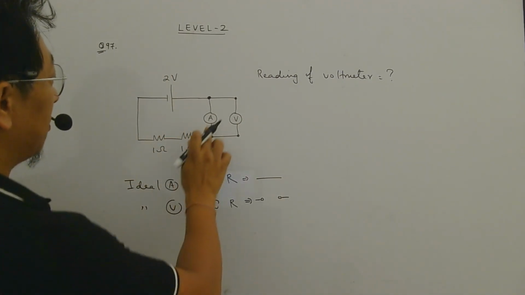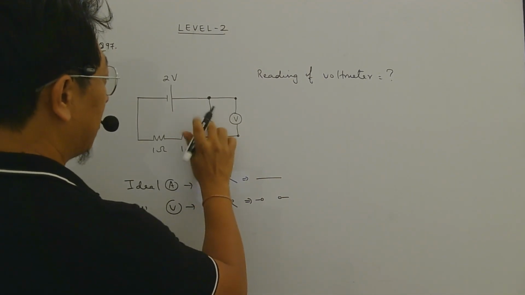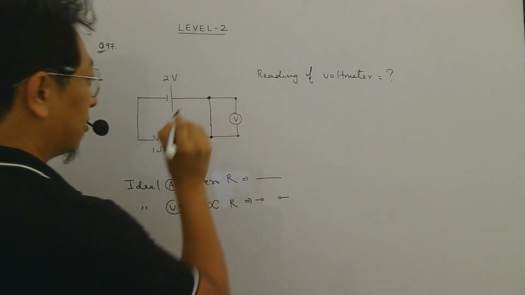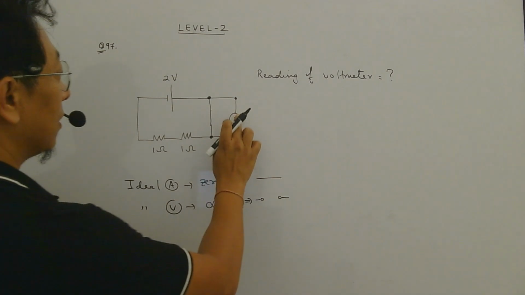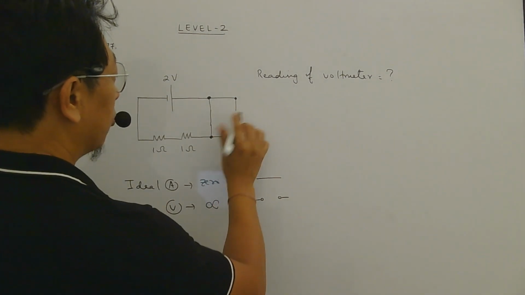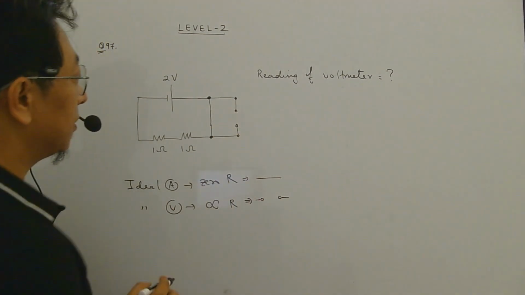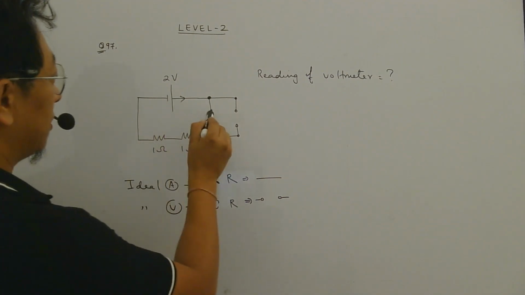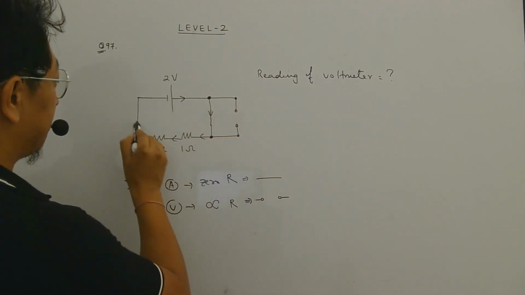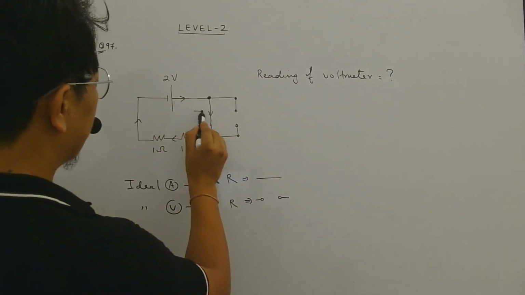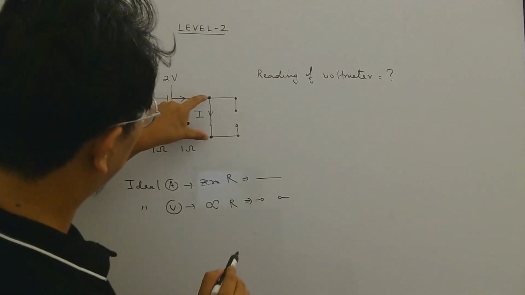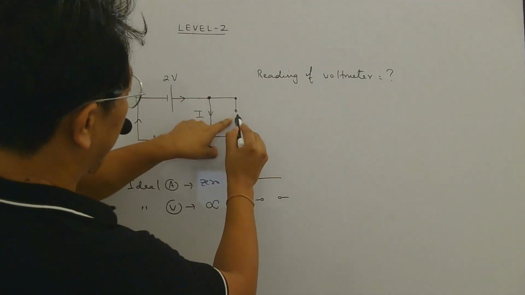So your circuit will be something like this now. So this ammeter can be replaced by a zero resistance wire and the voltmeter will be an open circuit. So now current will flow this way, isn't it? Now though current is flowing, in this part there is no resistance, so the voltage here will be what?